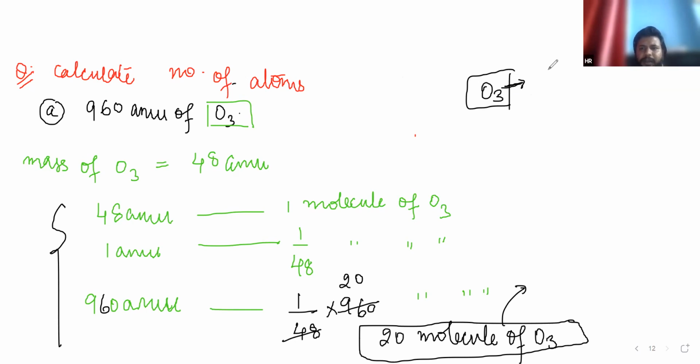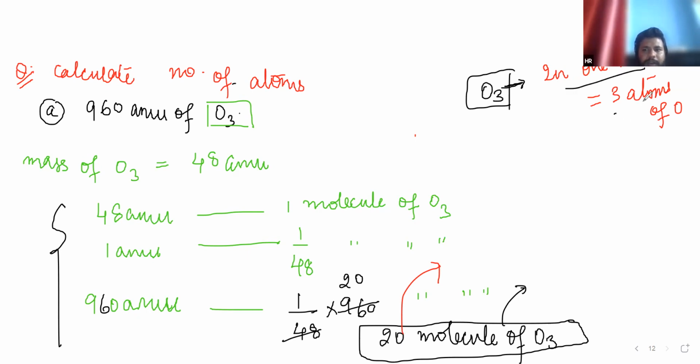Just see, in one molecule, how many atoms? 3 atoms of O. Then in 20 molecules, how many atoms of oxygen will be present? Okay, Ajay.